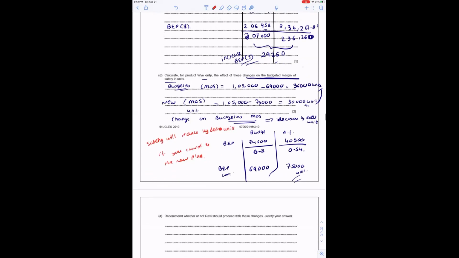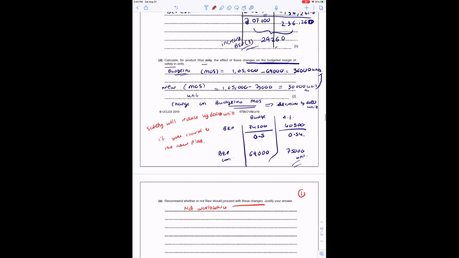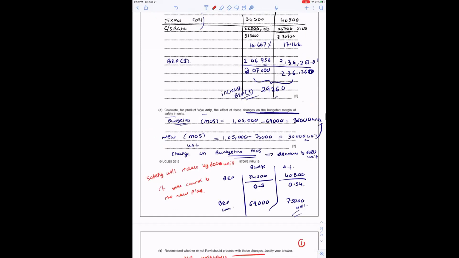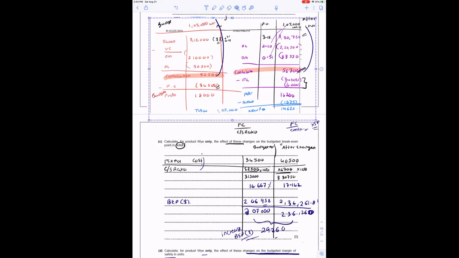Okay. Recommend whether Ravi should proceed with these changes and justify your answer. You have to recommend. 1 mark is for the recommendation. I see that these changes are not worthwhile. Why not worthwhile?